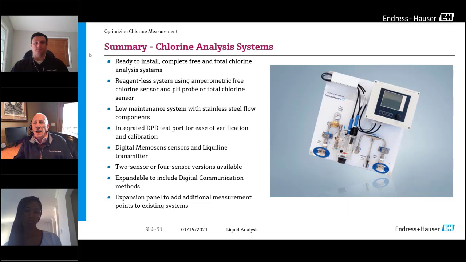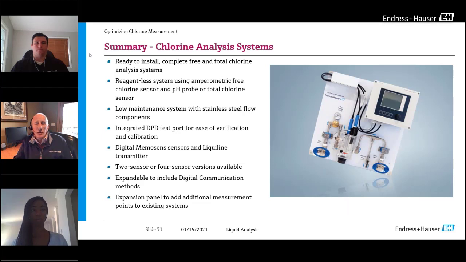We use CSA as our nationally recognized lab to do approvals on our devices. So while our sensors and our transmitters do have the option to be sold with an approval, these systems were actually built with just general purpose transmitters.